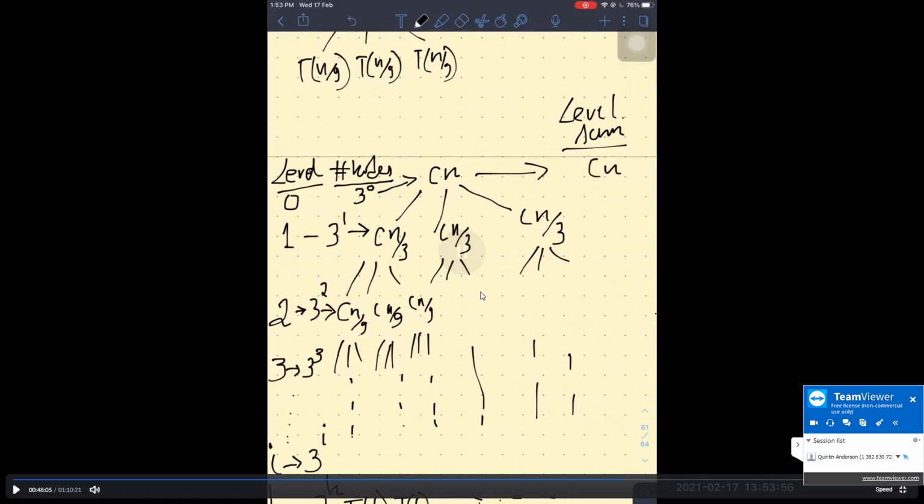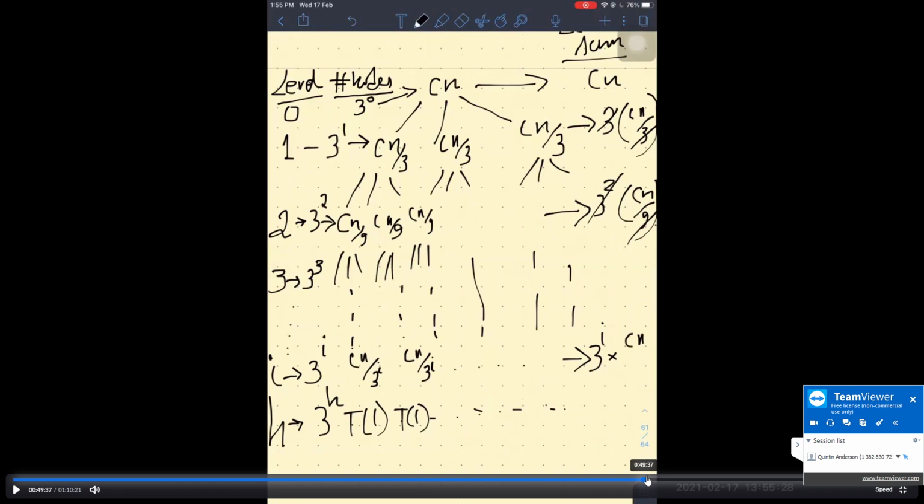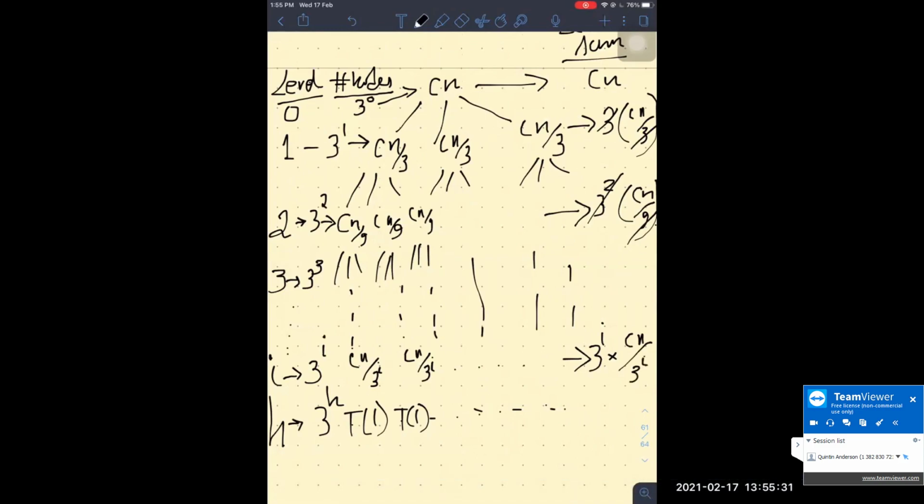Then for level i, we have 3 to the power i times c of n divided by 3 to the power i.